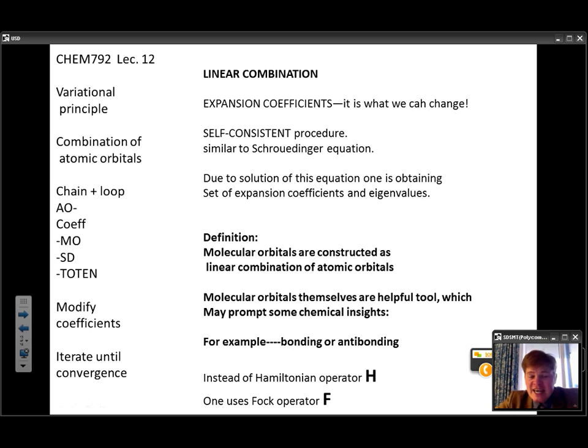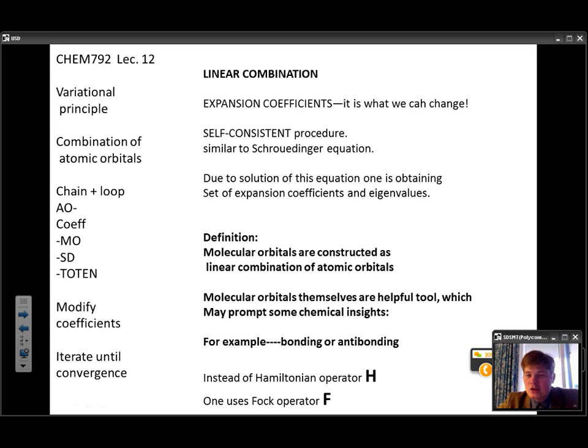In order to find those expansion coefficients of molecular orbitals, one is solving an eigenvalue problem, but instead of the Hamiltonian operator, which is used for any Schrödinger equation, and here we do have the molecular Hamiltonian for a bigger molecule, one uses so-called Fock operators. Fock, after the person who established this operator.